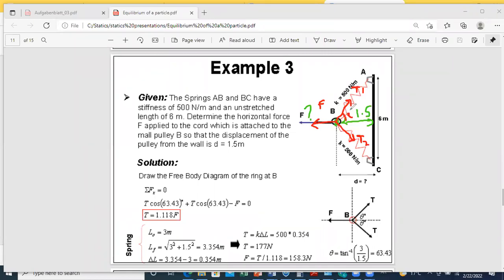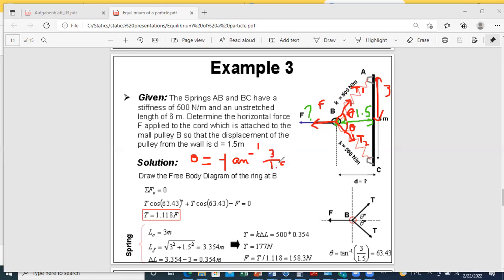So this angle is theta, and this is also theta because of symmetry of the figure. So you have that this distance is 1.5. This is 3 meters. So you can find simply theta by saying that theta is tan minus 1 of 3 over 1.5. So you can calculate your angle.